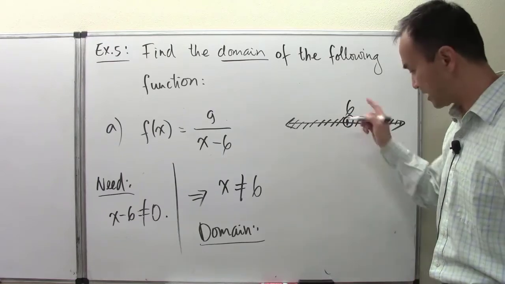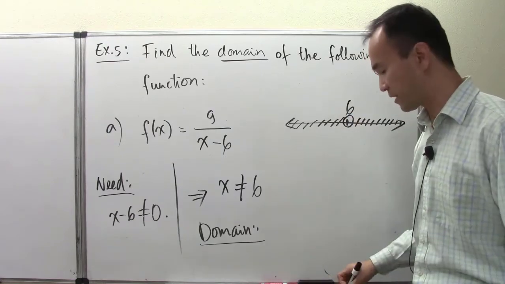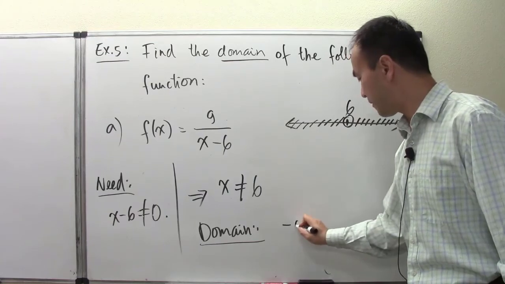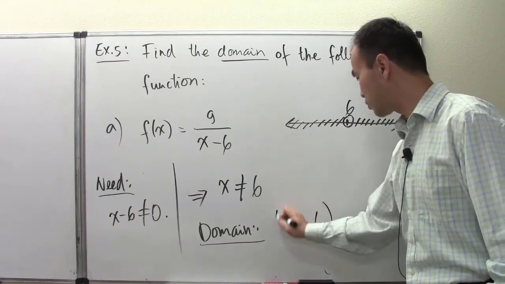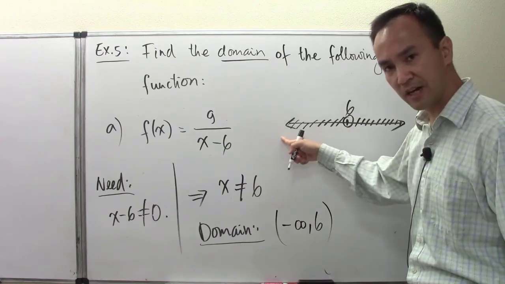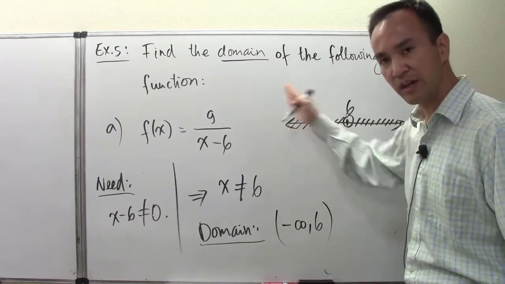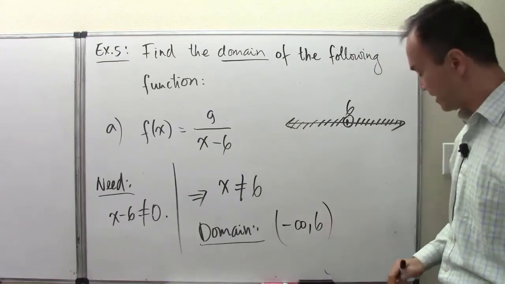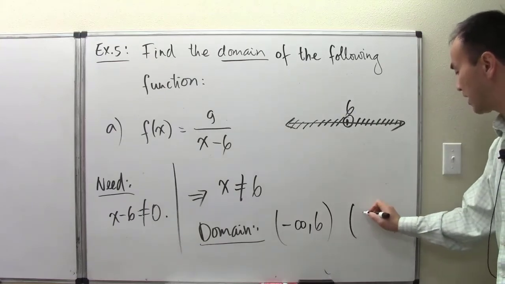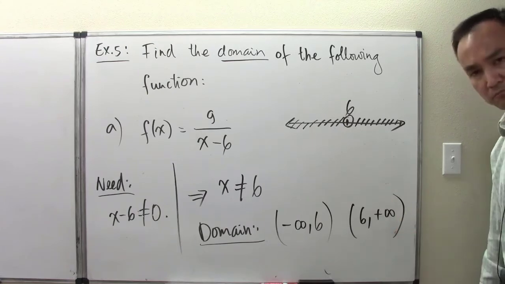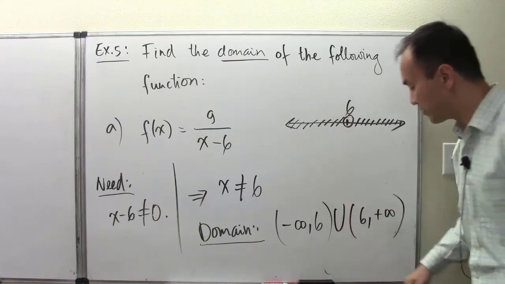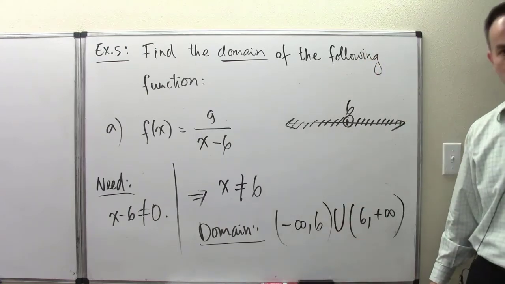With that graph, the domain is completely clear. Anywhere between negative infinity and 6, that's one interval, the shaded area to the left of 6. And then we're also going to take the other one, anywhere between 6 and positive infinity. Then we take the union of those two.